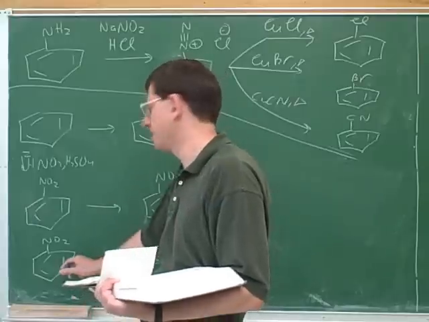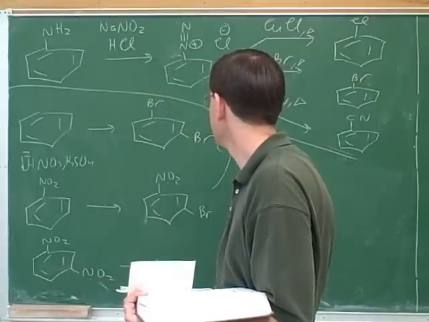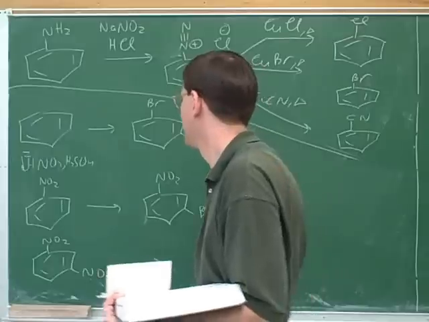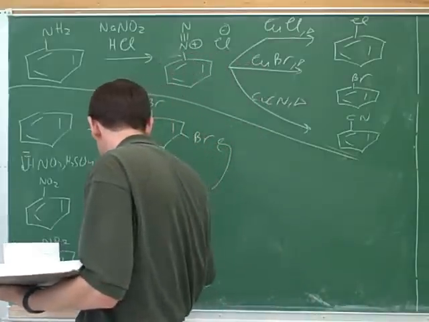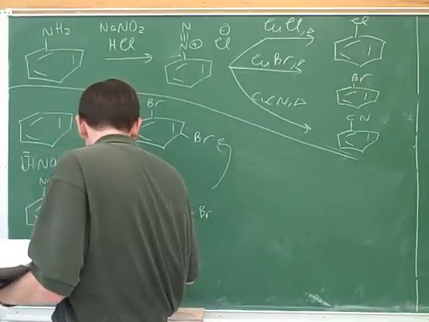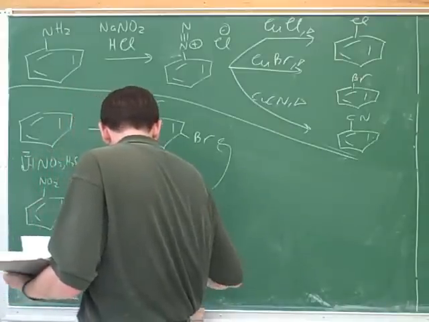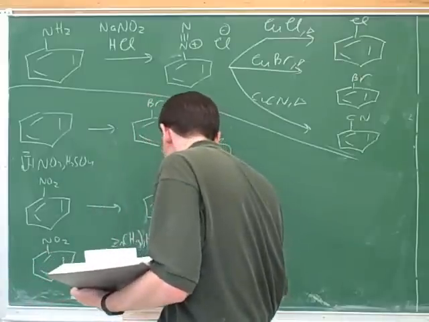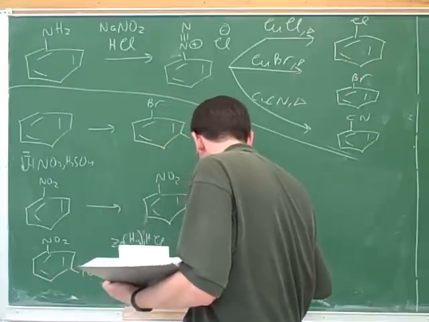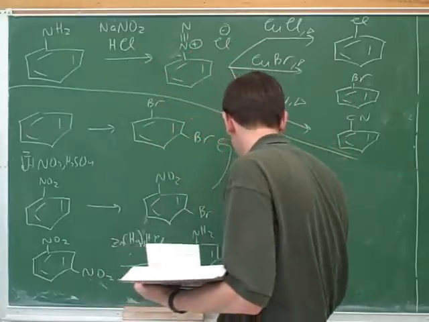Well, let's do it the book's way. What would we do next with this? Then we would add CuBr and heat. To this? Oh, no, first you have to turn them both into NH2s. H2, Pd. Yeah, first we have to reduce them. And then turn them into diazoniums. Then we can turn them into diazoniums.